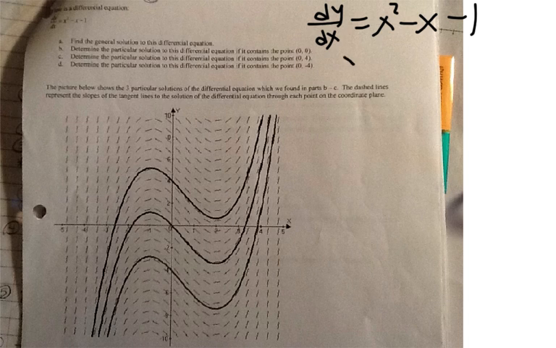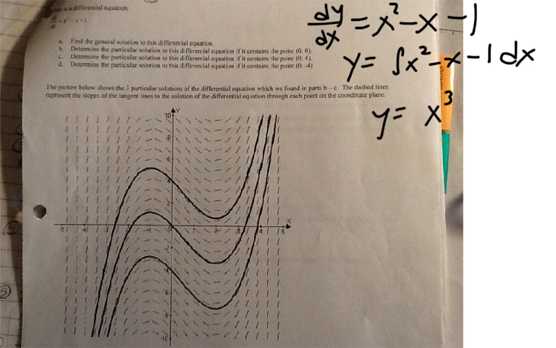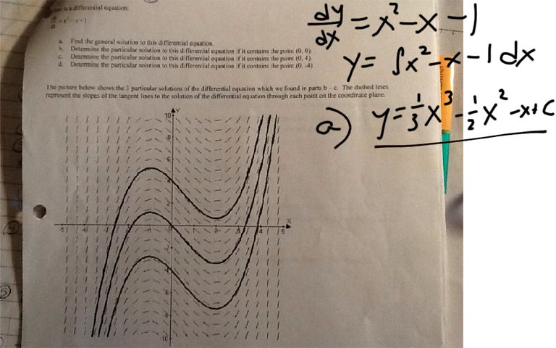Well, the general solution is the y equals with the plus c on it. So y would equal x cubed times 1/3 minus x squared times 1/2 minus x plus c. There's your answer for A. The general solution has a plus c.